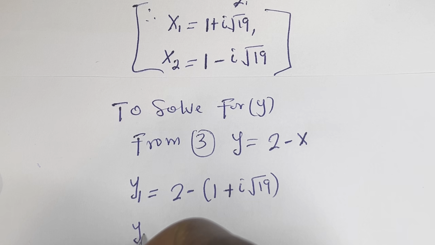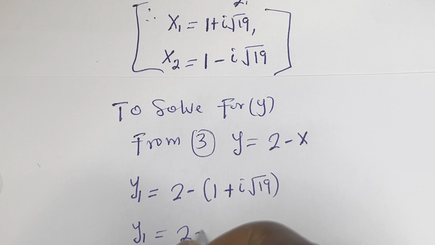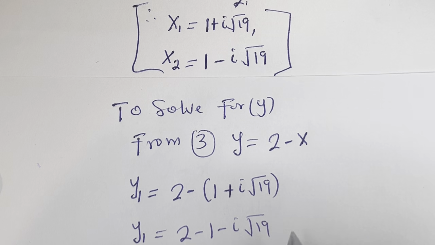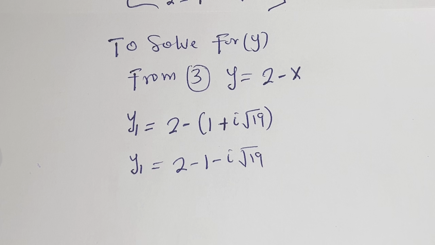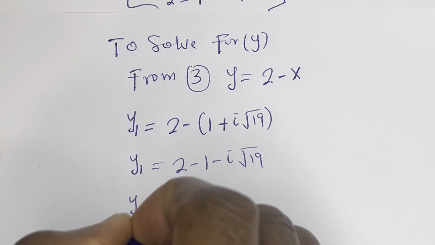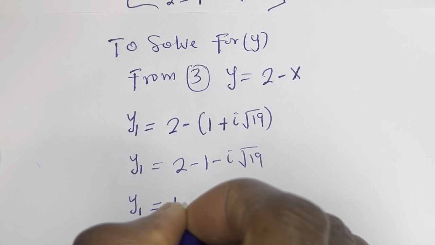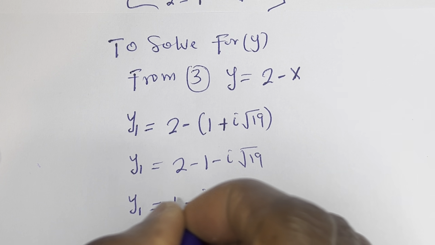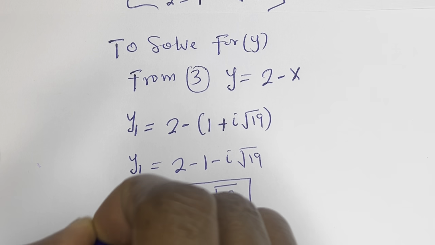And y1 is equal to 2 minus 1 minus i square root of 19. y1 is equal to 1 minus i square root of 19. This is the value of y1.